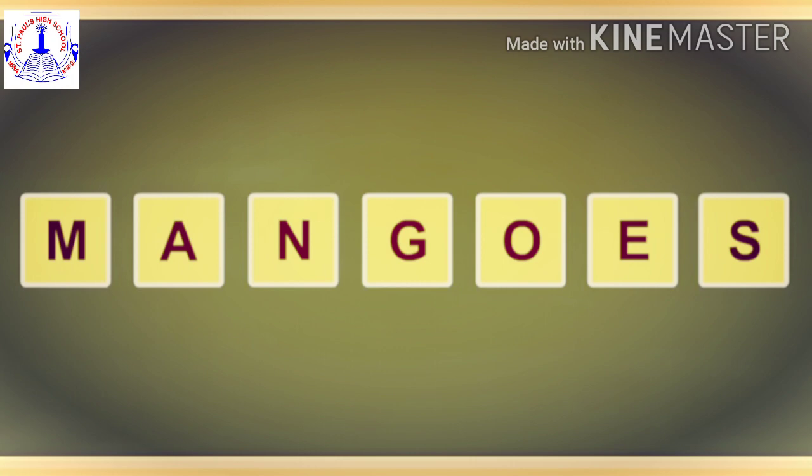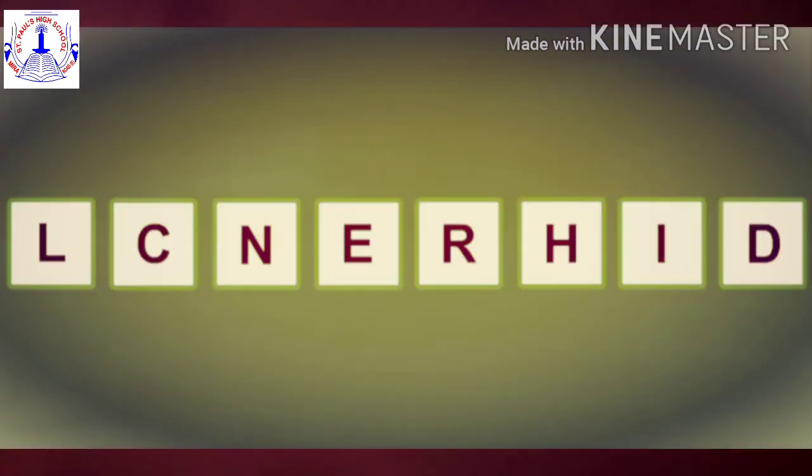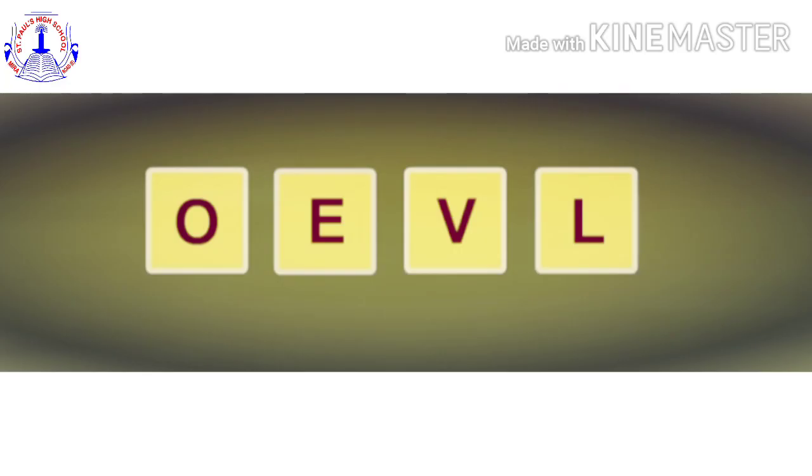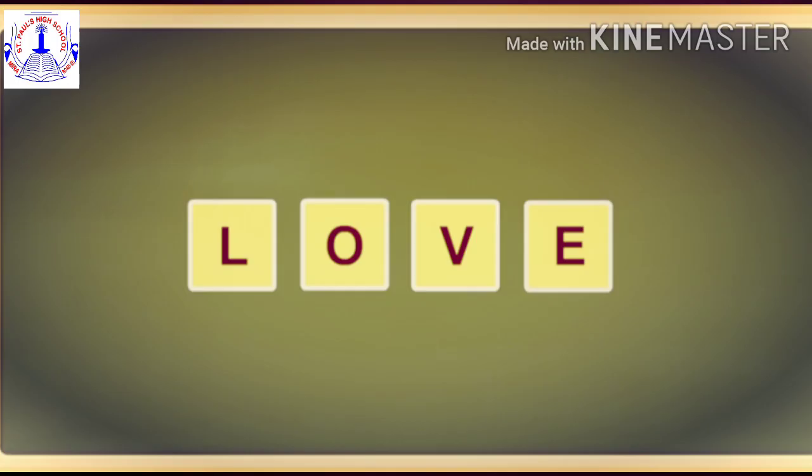Let's look at two more examples. L, C, N, E, R, H, I, D. Perfect, it's children. Now the easiest one. O, E, V, L. Love.